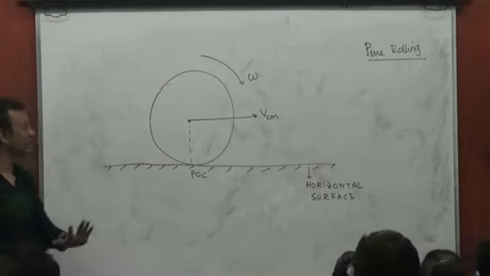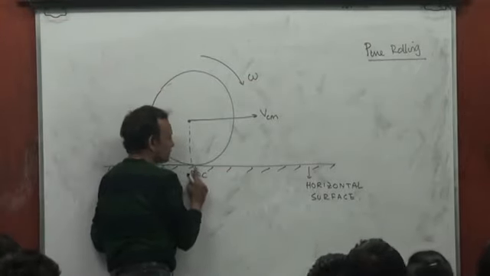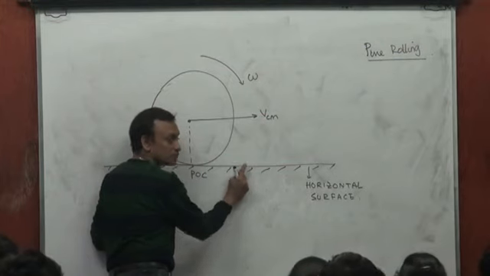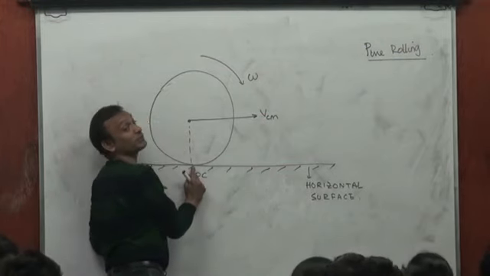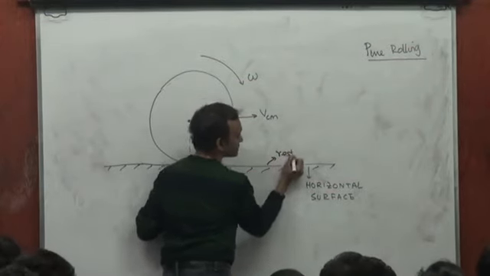This is what I mean. Suppose the surface is at rest, then the velocity of the point of contact must be zero. Say it's a surface at rest.